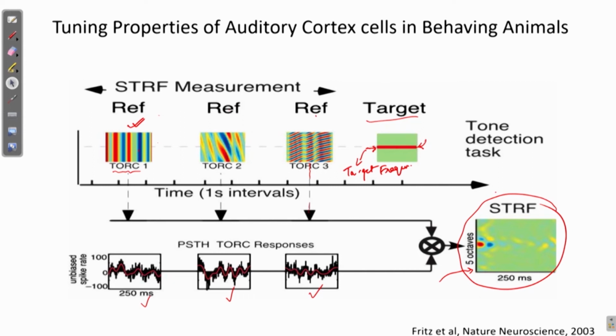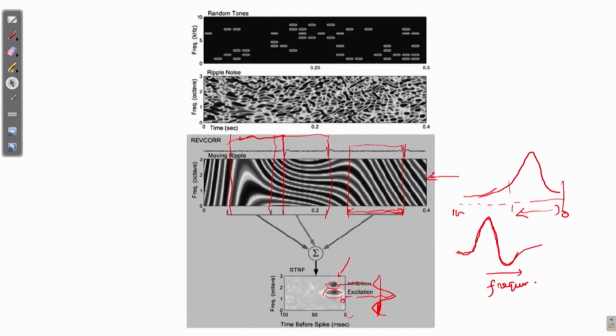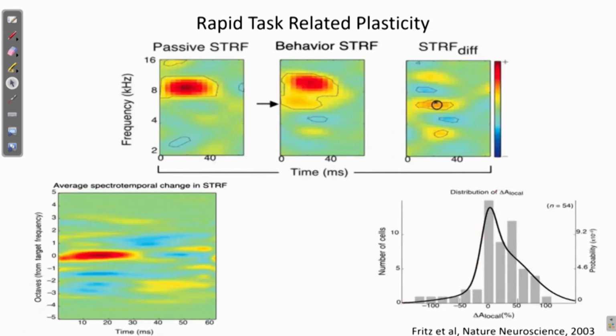Now, if we look at the passive STRF, there are two conditions: the passive STRF, when the animal is not performing the task, and the behavior STRF, when the animal is performing the task. And there are differences in these two situations.